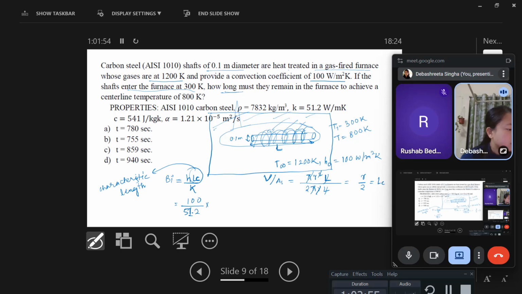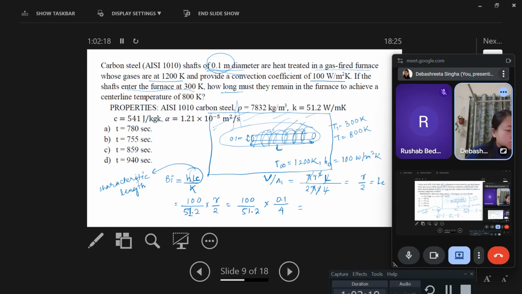So this is Lc, the characteristic length. So it's r by 2. r is how much? 0.1 divided by 2, divided by 2, that is divided by 4. Diameter is given as 0.1 meter.